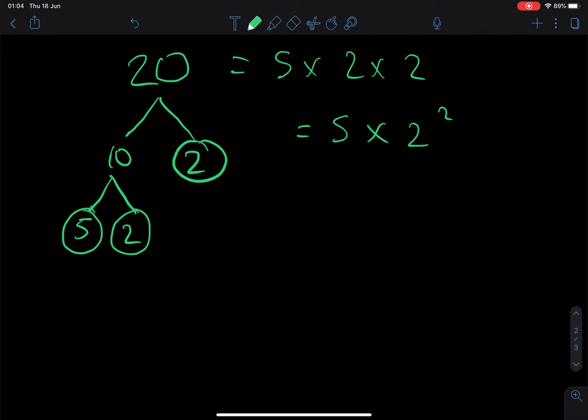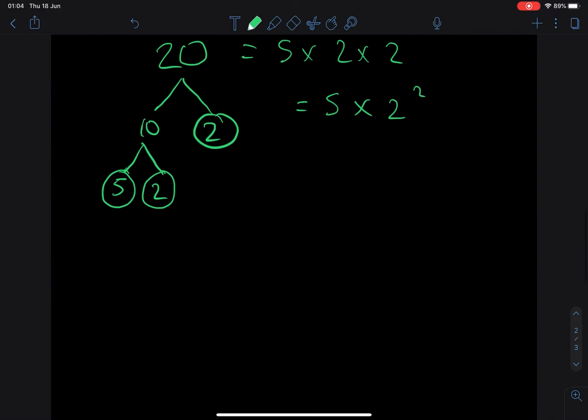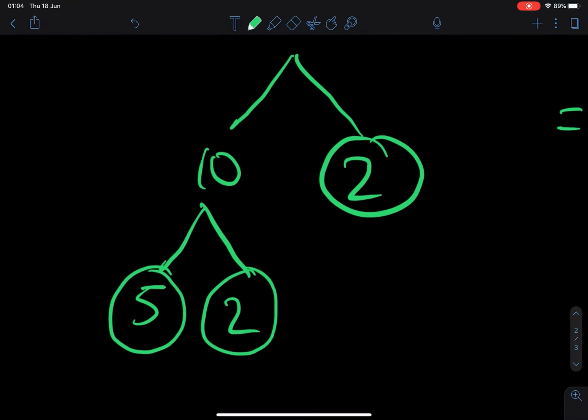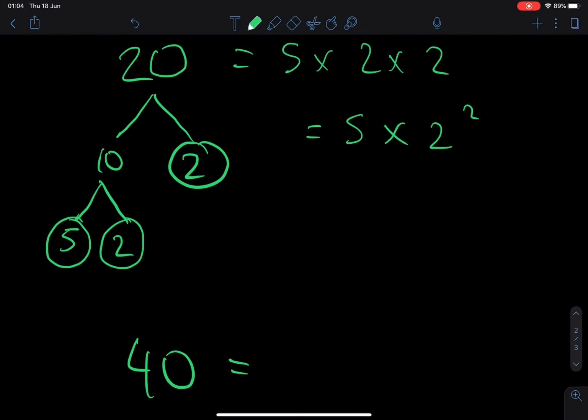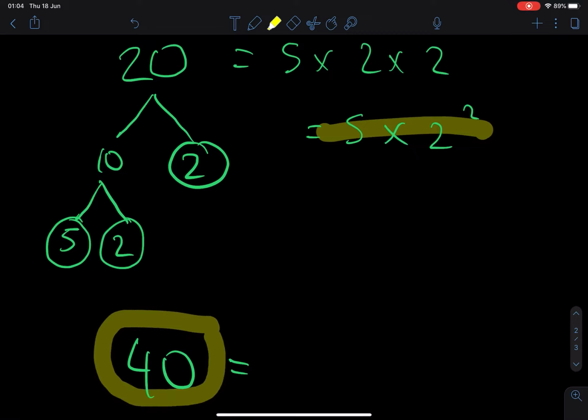What about if I have the number 40? Do I have to actually go through this entire process of doing the factor tree and writing it as a product of its primes? No, actually. I can just use my answer from 20 and apply it to 40, based on the relationship between the original value and 40.